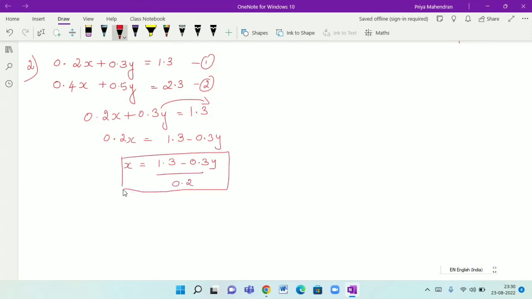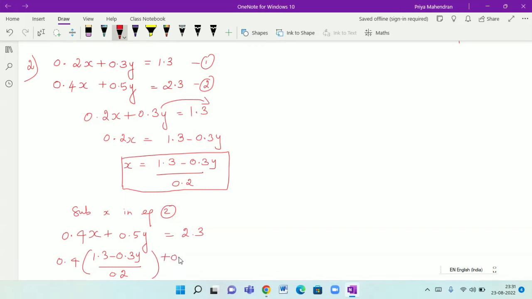After getting the value for x, I'm going to plug it into equation 2. Write equation 2 first so that you will not get confused while substituting the value for x. So 0.4 into (1.3 minus 0.3y) by 0.2 plus 0.5y is equal to 2.3.